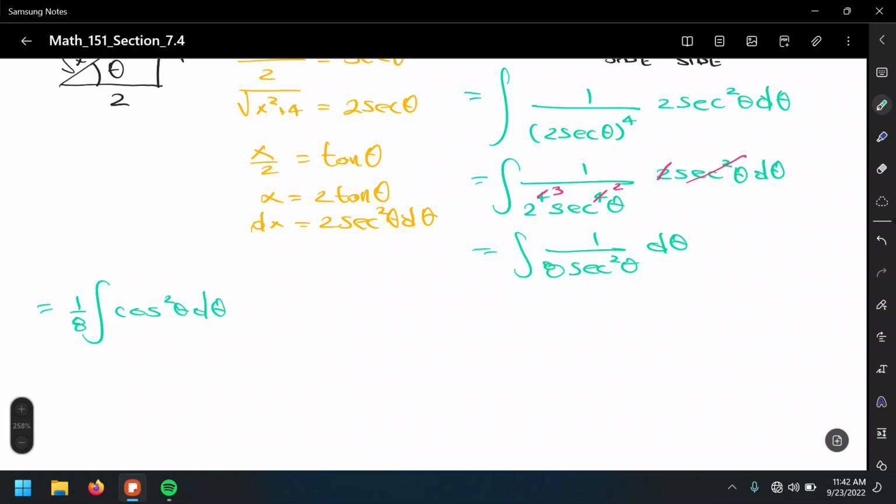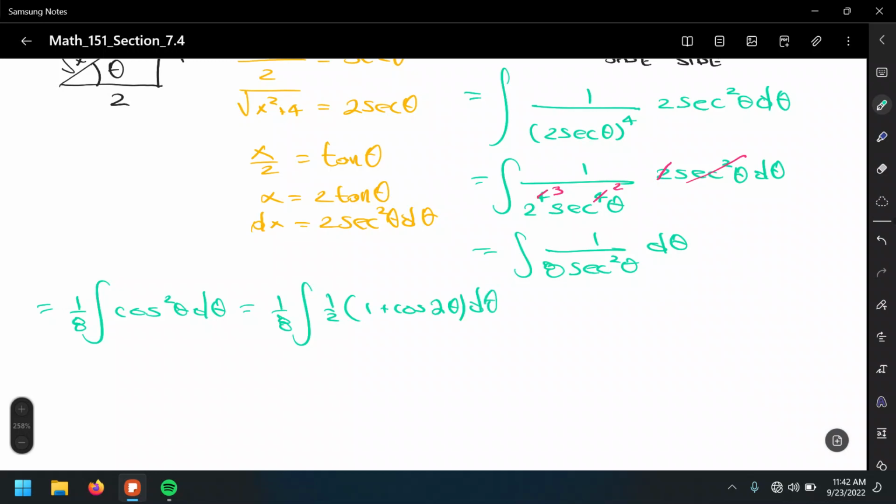Lucky for us, we already went through the process of integrating trigonometric functions and all the identities that we use and all the tricks. So we have an even power. We can use the power reduction formula or half angle. That's 1/2, 1 plus cosine, and it duplicates the angle every time we use this identity.